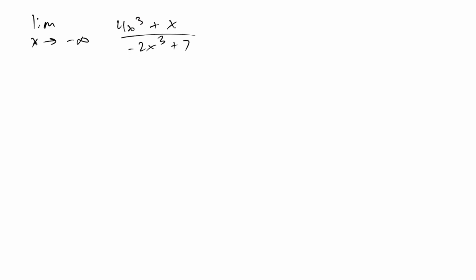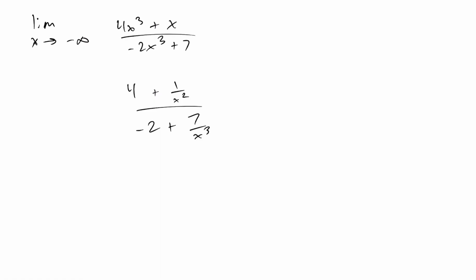So in this case, once again, we need to find the highest power, and it's going to be x cubed. So we're going to have to divide everything by x cubed, leaving us with (4 plus 1 over x squared) all over (negative 2 plus 7 over x cubed).